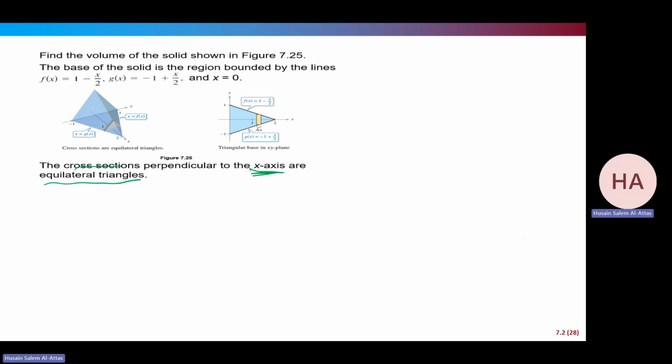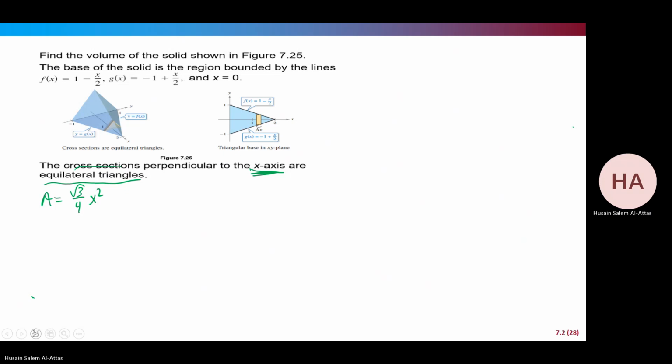I know the area for equilateral triangles: square root of 3 over 4 times x squared, where x is the base. You need to know this. Now the base of the solid, if we graph it, you have what?